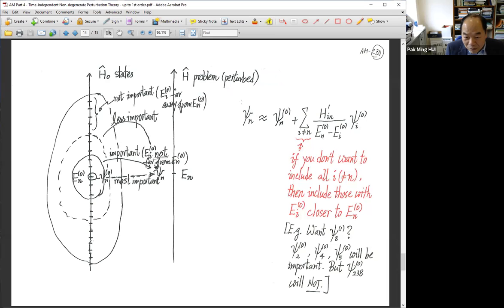And we just found the new result for this correction to the state. What I'm saying is that the most important one will be yourself. That is the 0th order term. Okay, so you want the state, the 0th order term is yourself. That may be 99% already.